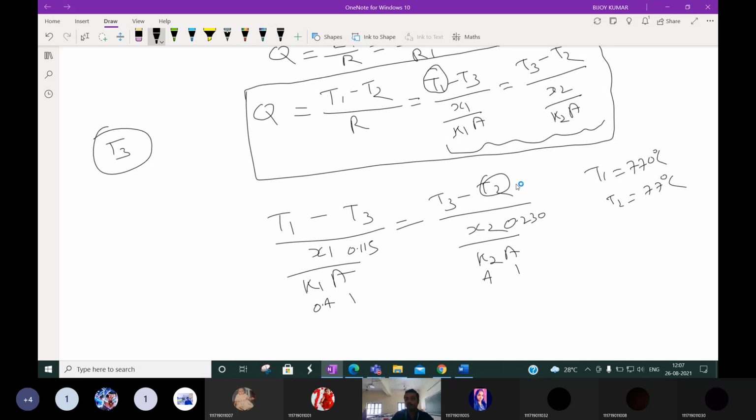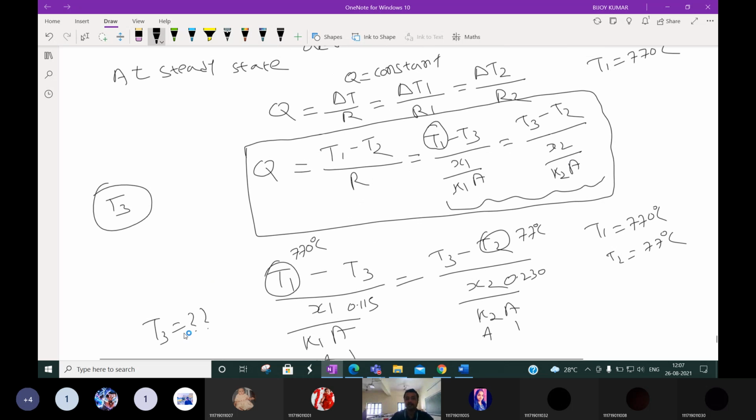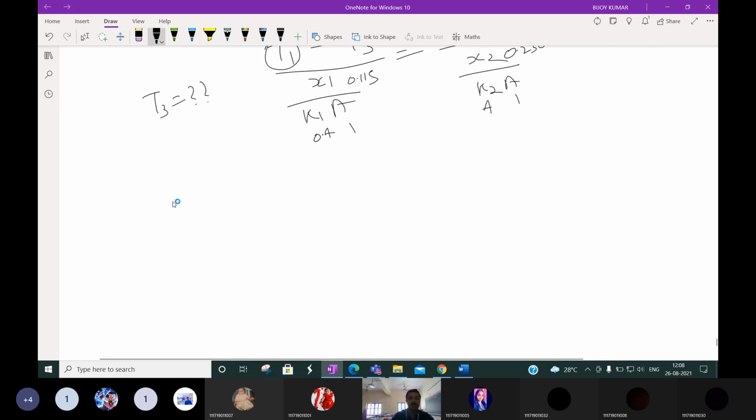This T2 is 77 degrees centigrade, and this T1 is 770 degrees centigrade. So the only unknown is T3. Now you can find T3, yes or no? Or else, what is another method? Suppose we compare these things.